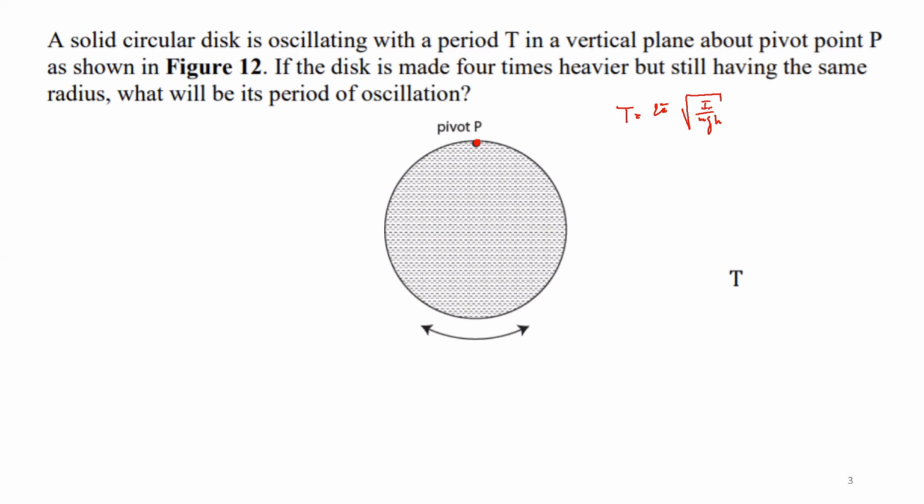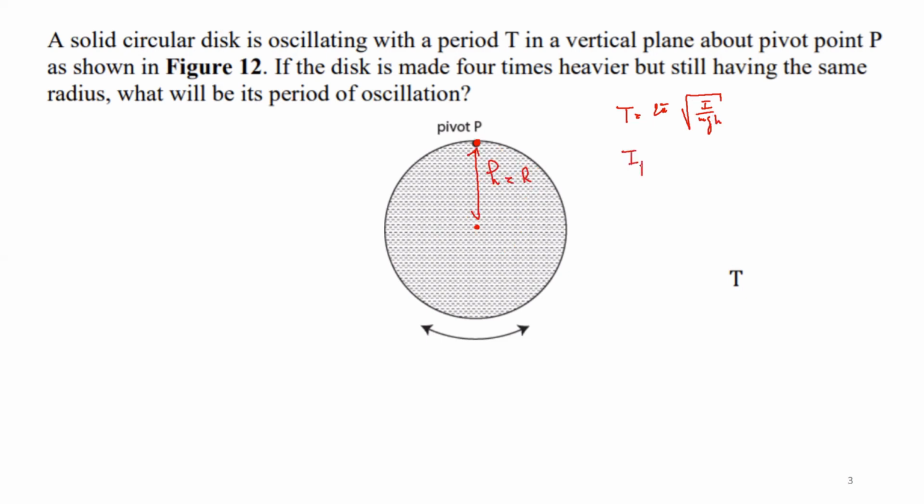By the way, what is h here? It's a uniform solid disk. I did not say uniform, but you should guess that it is. So the center of mass is right here. This h is equal to what? It is equal to the radius.